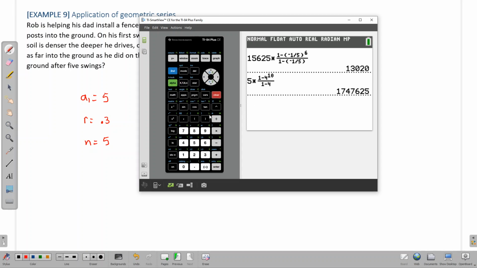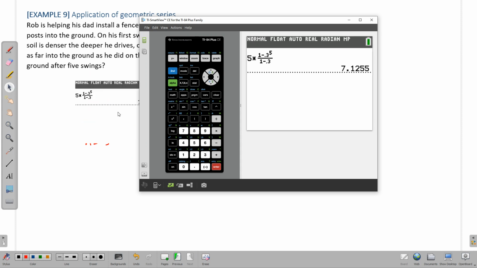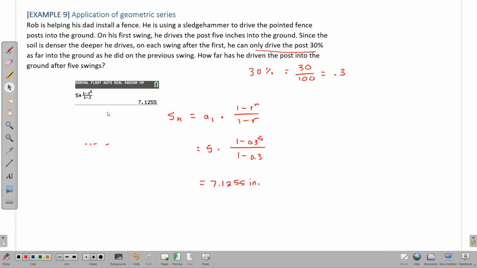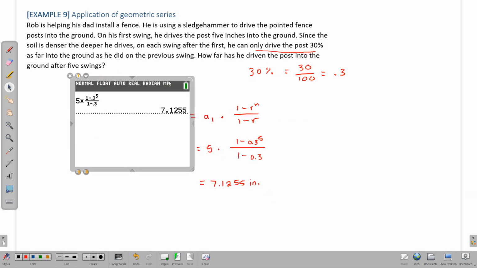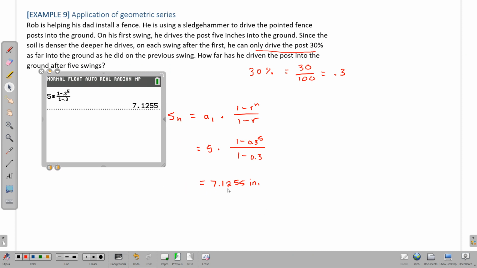Okay, not having much luck here. 5 times the fraction (1 minus 0.3, you don't have to put the 0), to the 5th power, over (1 minus 0.3). All right, so that one did match. So total number of inches after 5 swings is a little over 7 inches.